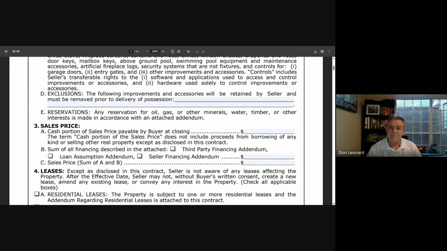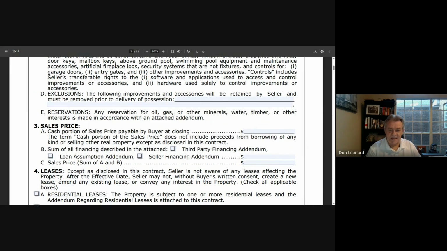Without that addendum, whatever the seller owns in the way of mineral rights is going to be conveyed to the buyer. That's the default position of the contract. If the seller wants to keep some or all of the mineral rights that they currently own, then they need to do that addendum. But again, probably not going to run into that very much.